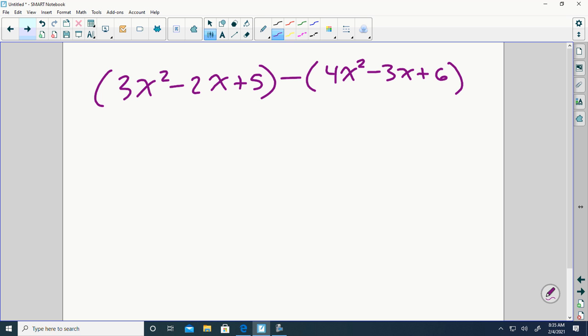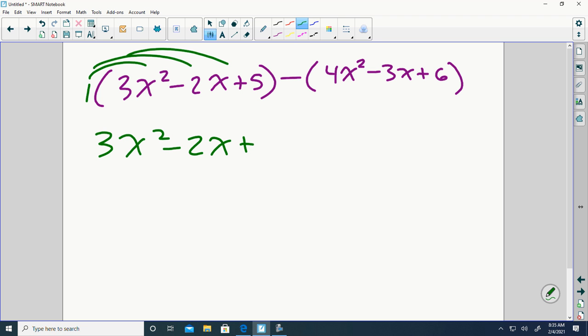Now, on the last problem, I said, hey, I have a 1 in front of here. So basically, I can distribute that over. So I get 3x squared minus 2x plus 5. Agree? That's exactly the same. But it was pointed out to us that we have a subtraction sign here. So theoretically, I have a negative 1 here.